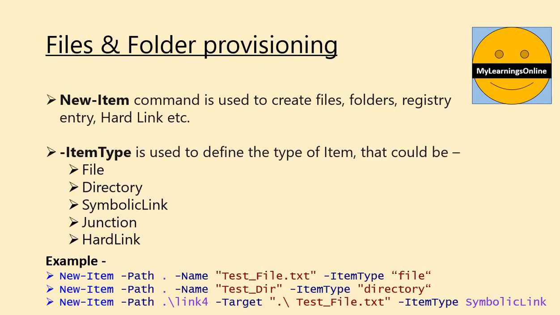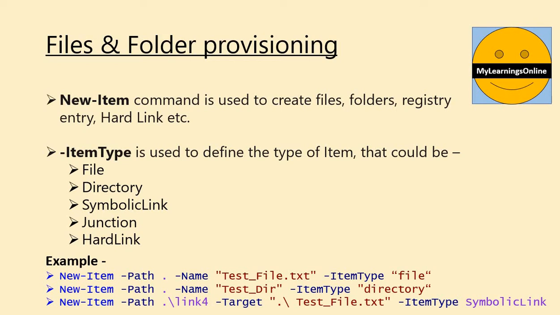As you saw in previous slides, the New-Item command can be used to create many types of items. So, the ItemType parameter can be used to specify what exact type of item we want to create. Type could be a file, directory, symbolic link, junction, or hard link.